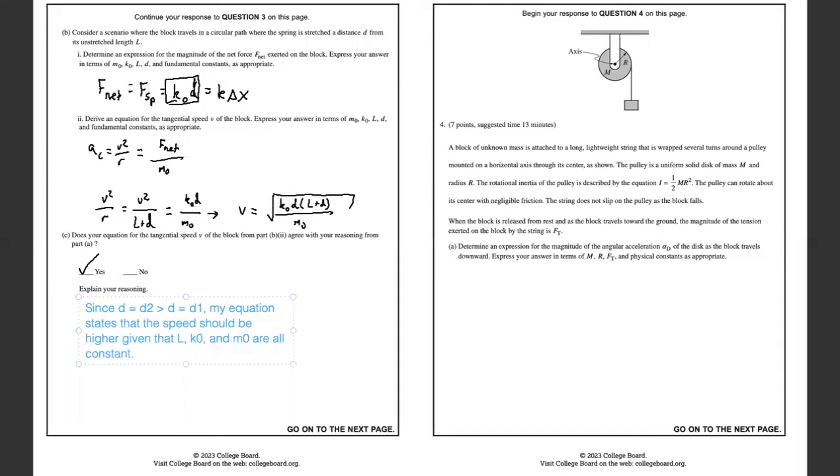All right, and that's it. That's just stating why our equation does justify that we should have a higher tangential speed at time t2.